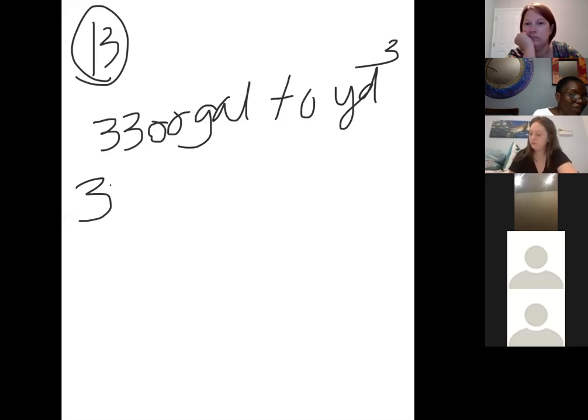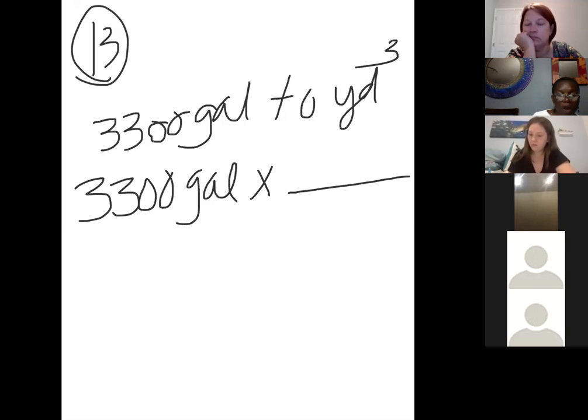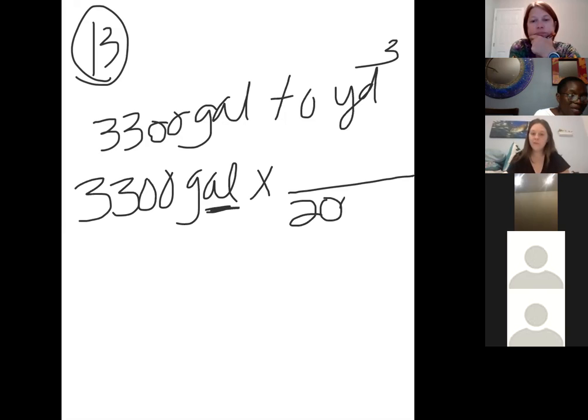Remember, we are converting gallons to yards. When I just gave you the formulas earlier, it says 1 cubic yard is approximately 200 gallons. Since we want to get rid of the gallon, we have to make sure the gallon ends up in the denominator. 200 gallons is approximately 1 cubic yard.